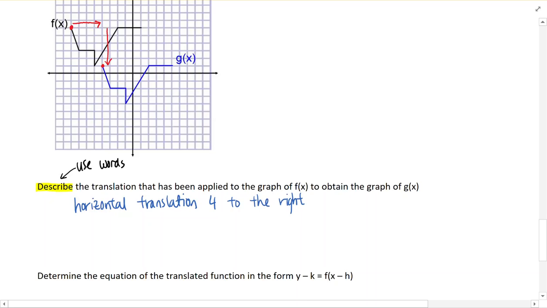Next, since we're moving up and down, that one is going to be called vertical translation, 5 down. So that's what I mean by using words.